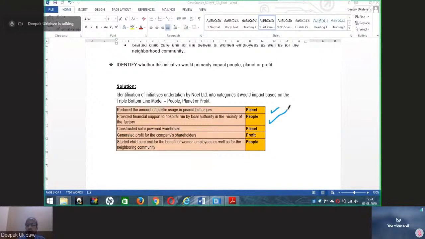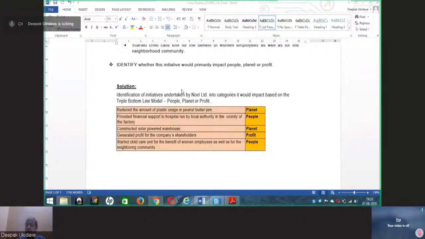Constructing a solar powered warehouse, again planet. Generating profit for company shareholders, again profit. And starting a child care unit for the benefit of women employees as well as for the neighboring community, that is people. All of you understood how to divide the initiatives taken by the management of the company into three categories, namely profit, people and planet, from the point of view of the triple bottom line as one of the non-financial performance measures.